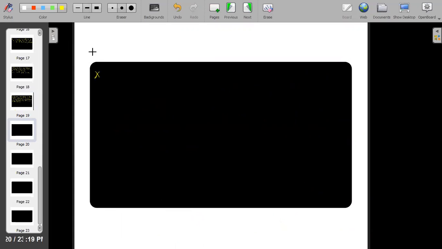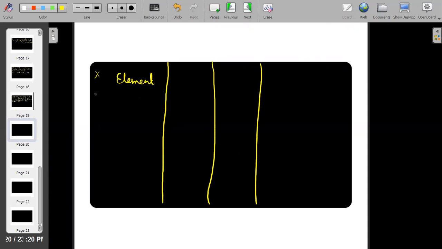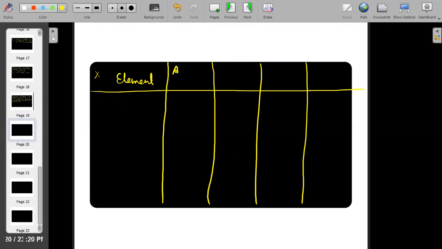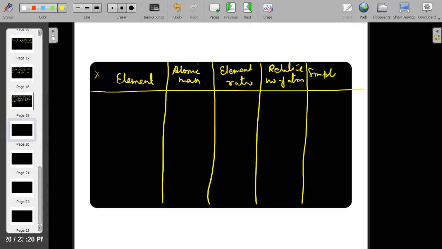Listen. We make the table like this: element. Again I'm repeating, no issue. Now we have complete space. Clear? Okay. Now, what is given? Element, and put here atomic mass. Here, element ratio, or you can say percentage. Then relative number of atoms, and this one is the simple ratio.